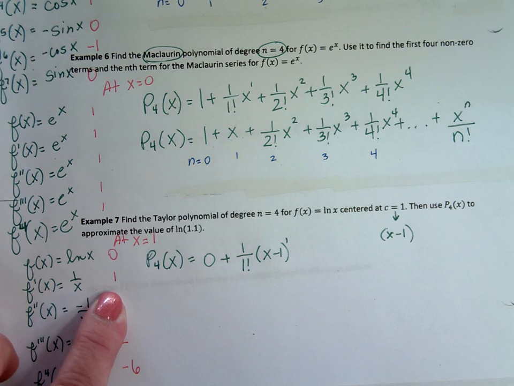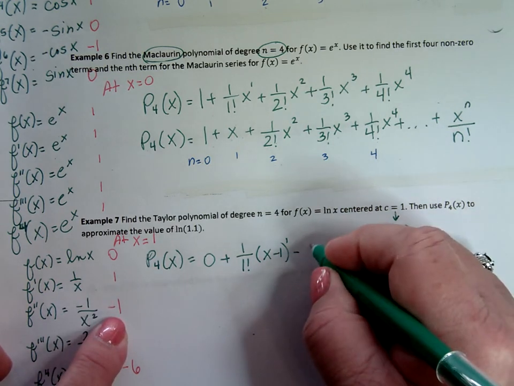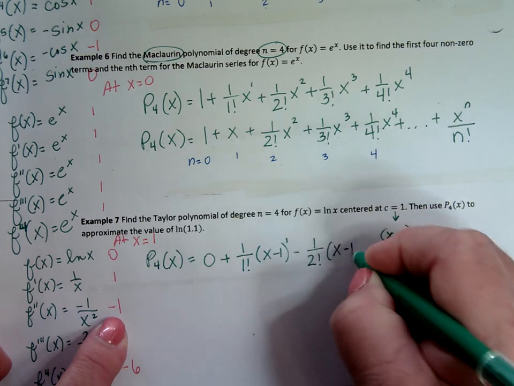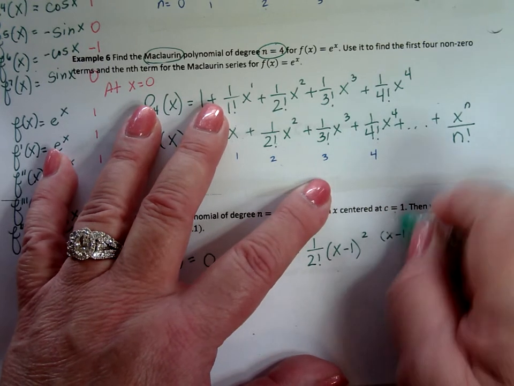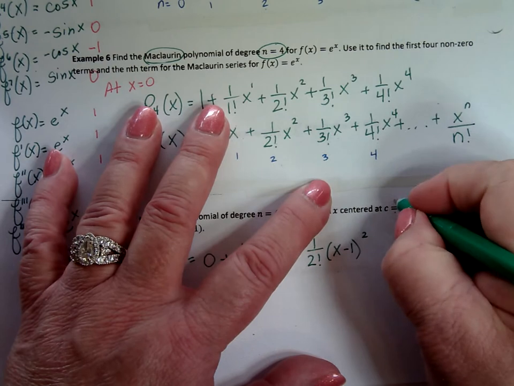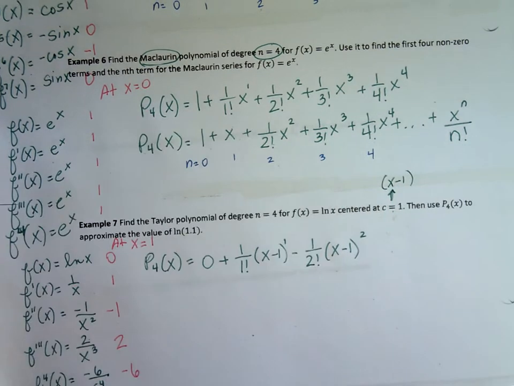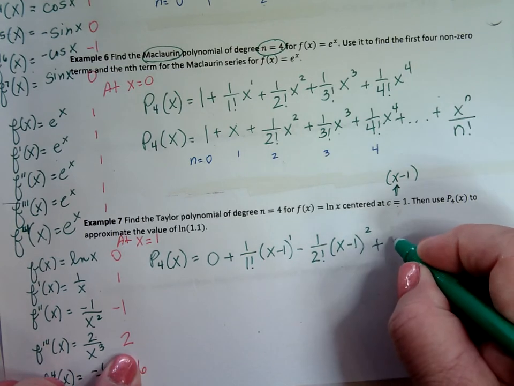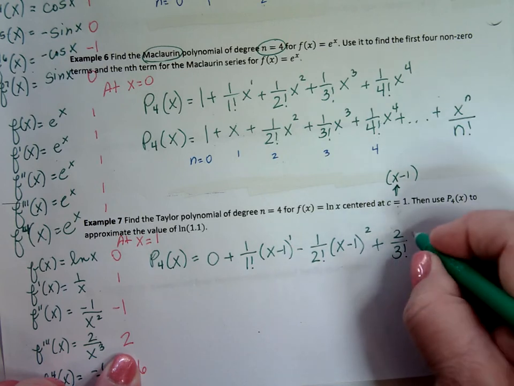Then it's going to be minus 1 over 2 factorial, grouping x minus 1 squared. Okay, and then I have plus 2 over 3 factorial x minus 1 cubed.